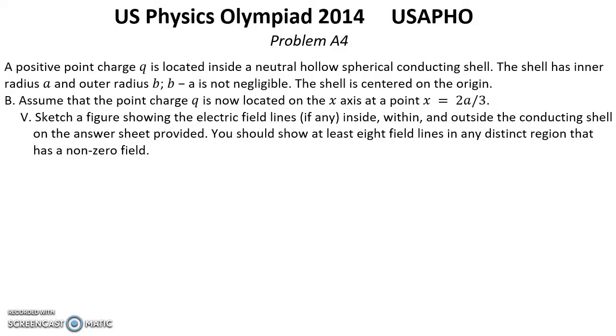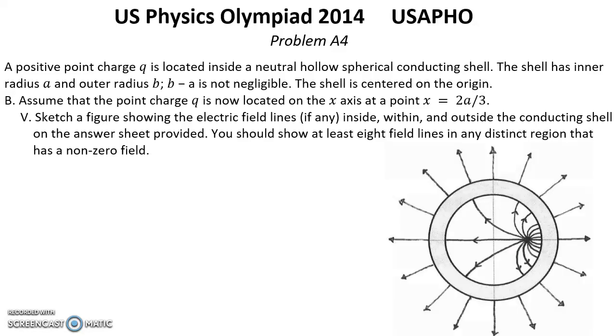So obviously the electric field will be spherically symmetrical outside the shell when r is greater than b, must be 0 inside the shell between a and b, and the field lines must terminate perpendicular to the surface of the conductor. That's the picture for these electric field lines, and this is the answer for question 5.